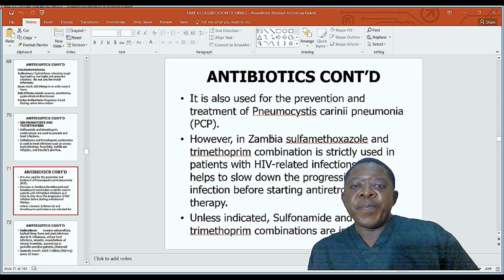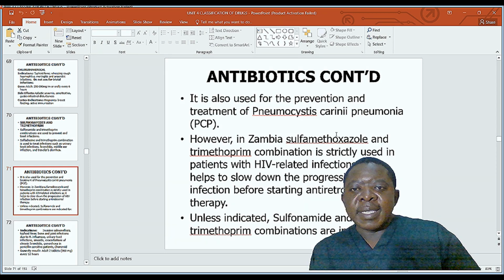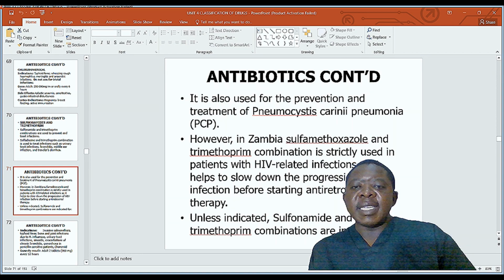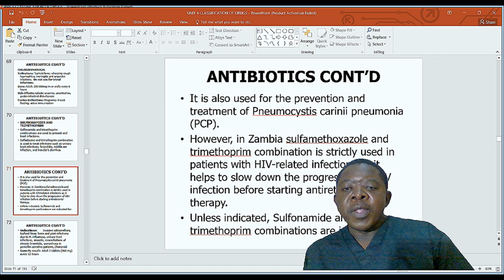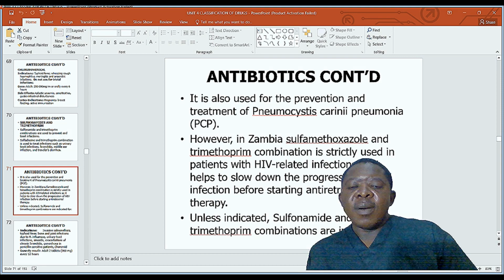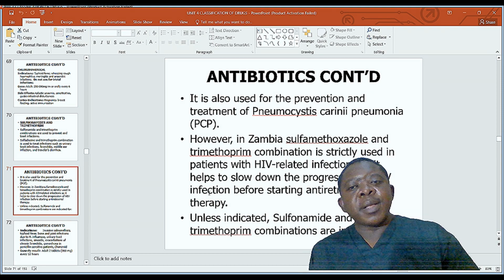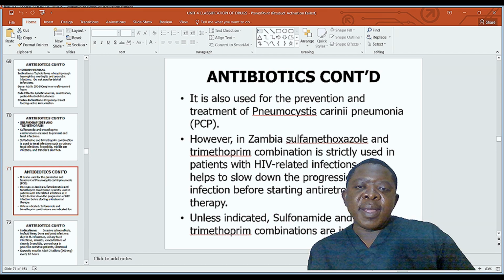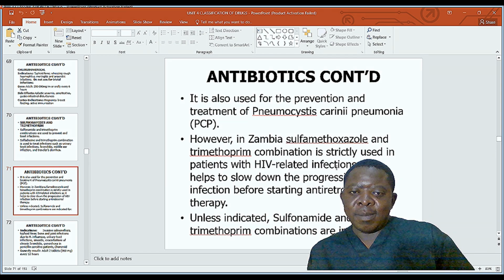However, in my geographical setting, the sulfamethoxazole and trimethoprim combination is strictly used in patients with HIV-related infection as it helps to slow down the progression of HIV infection before starting antiretroviral therapy. The regimens sometimes change. They just commence antiretroviral drugs and Septrin can be given when the need has been assessed.